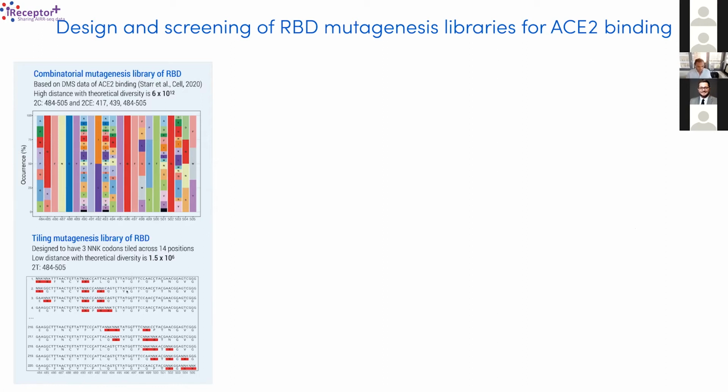Another thing which will be critical to understand in a little bit, especially on the machine learning side, is to actually make a low distance mutagenesis library. What that means is that we made something called the tiling mutagenesis library. We went through this 484 to 505 region, and we basically added 3 NNK codons.